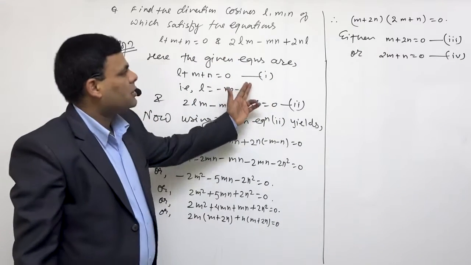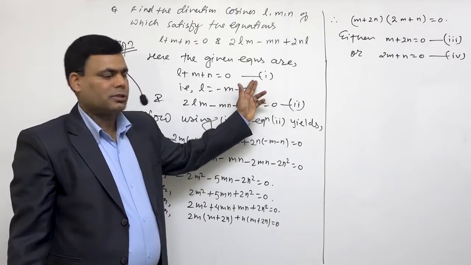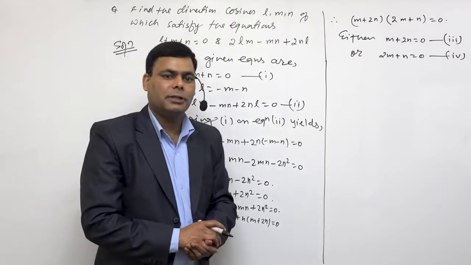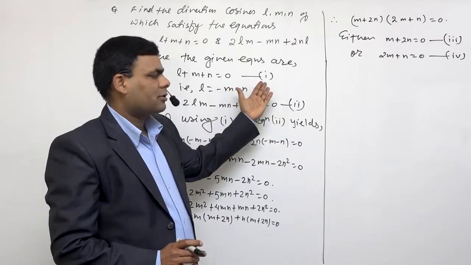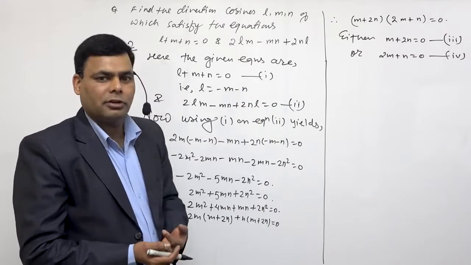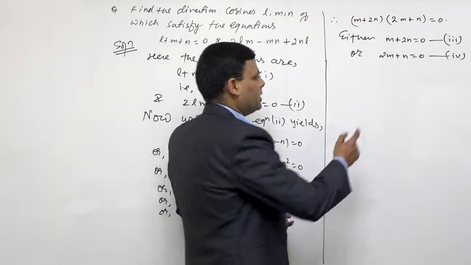Now solving equation 1 and 3 by using cross multiplication rule, we get the direction cosines of the line, and similarly solving equation 1 and 4 we get another set of direction cosines.